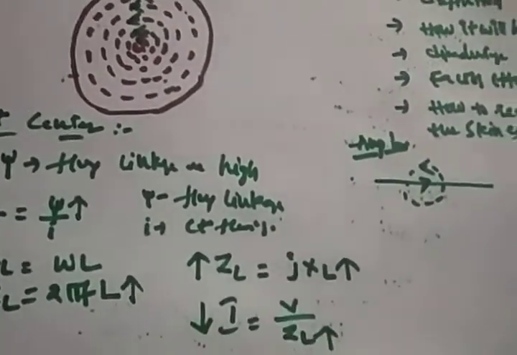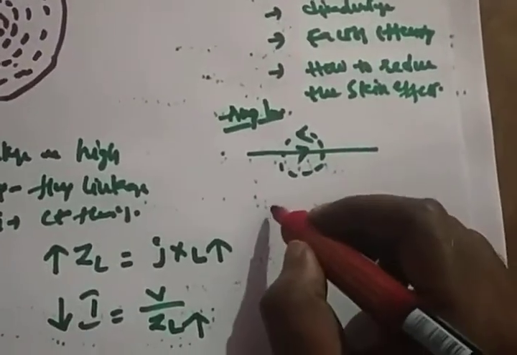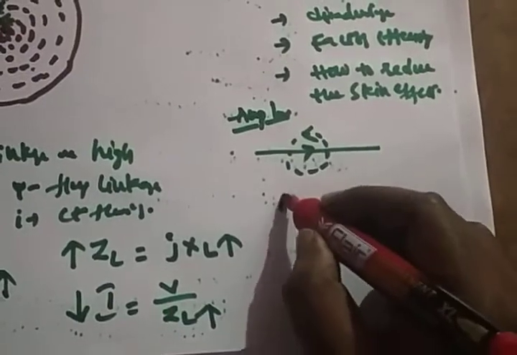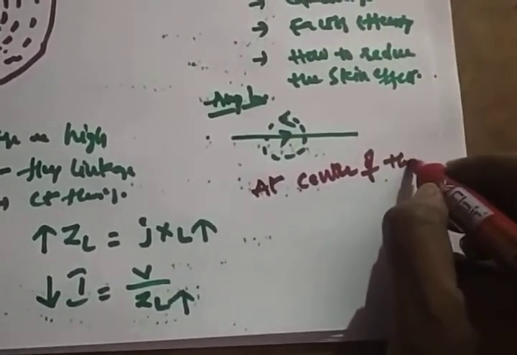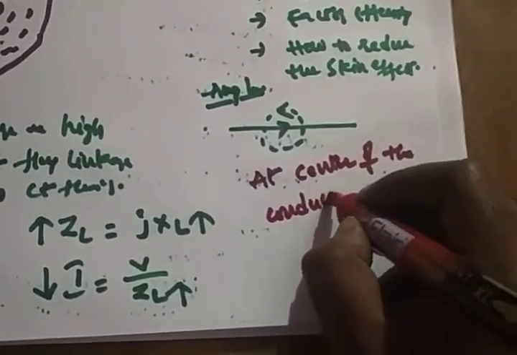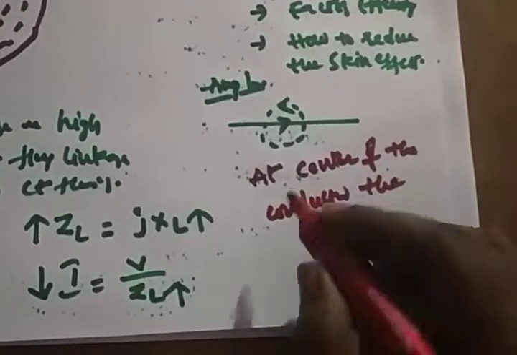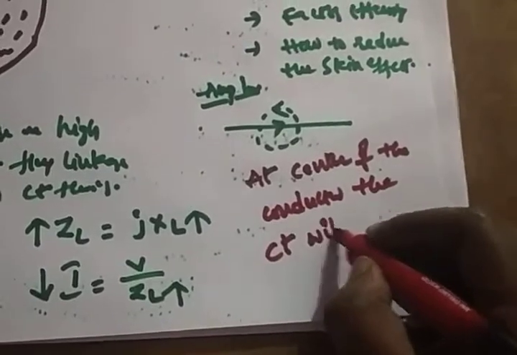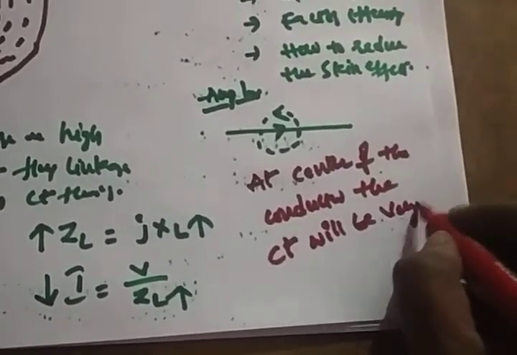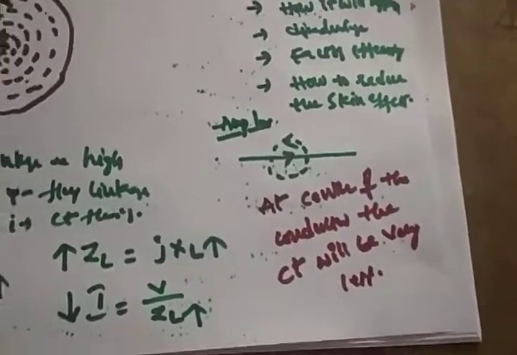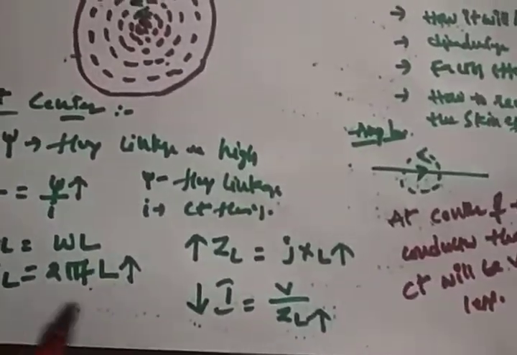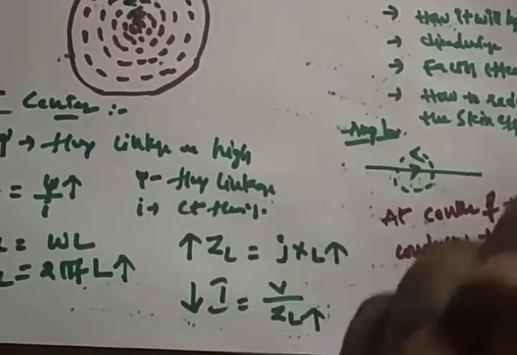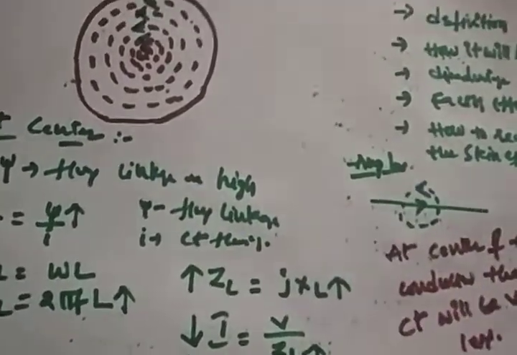So what we conclude is that at the center of the conductor, the current value will be very less, right? I hope it's clear. At the center of the conductor, the current flowing through the conductor will be very less.